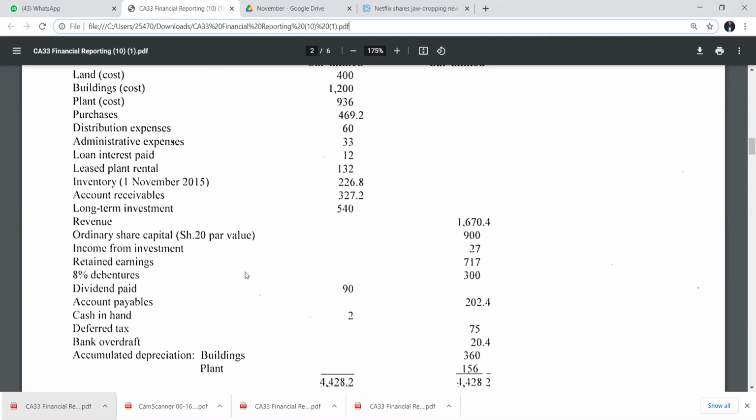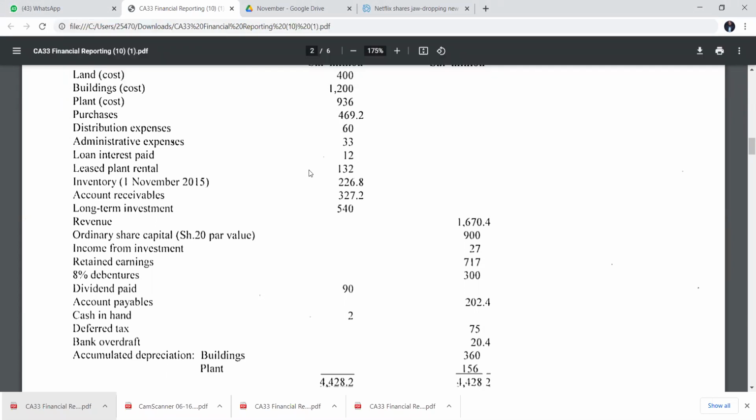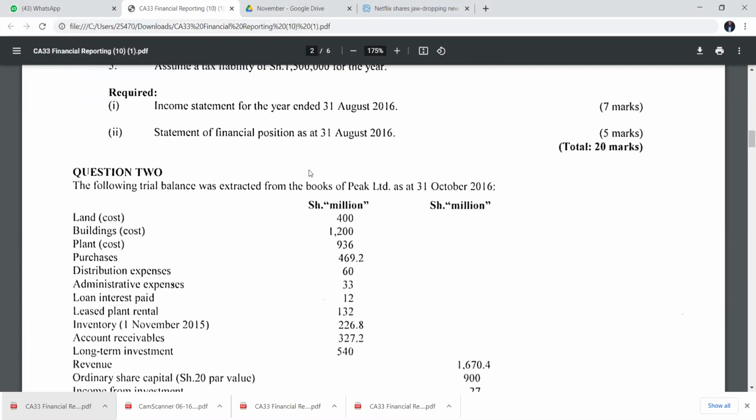So the return from that, we need now to get our financial year. Remember here, our financial year ends when? October 2016. So let me draw that here.